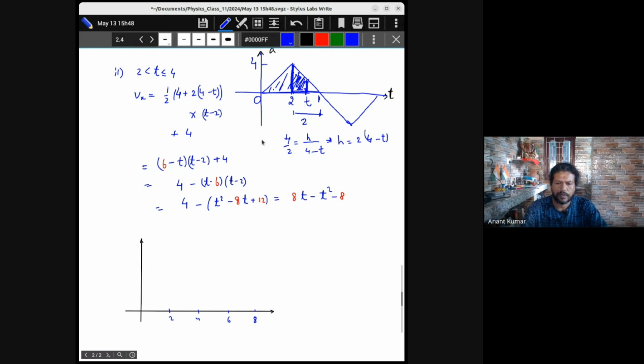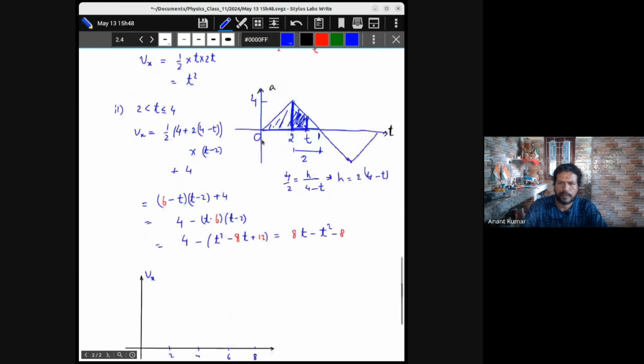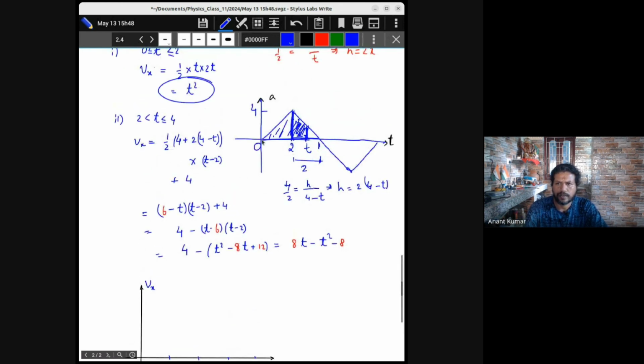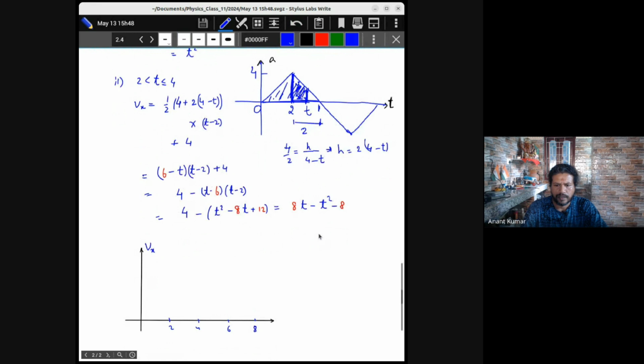If I consider the first 2 seconds, we already know the graph is basically this t square part, which means it's a parabolic shape, so it just goes up like this. At t equal to 2 the velocity is 4, so this will have to give us 4 at this point. This opens up; effectively it's a curve which opens upward.